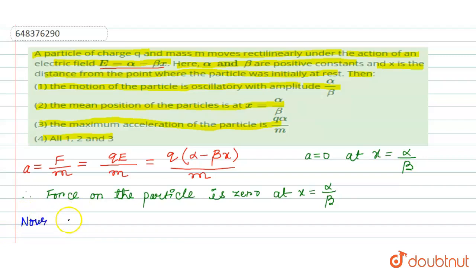Now in differential calculus we can write a as v dv by dx, which is equal to q by m times alpha minus beta x.